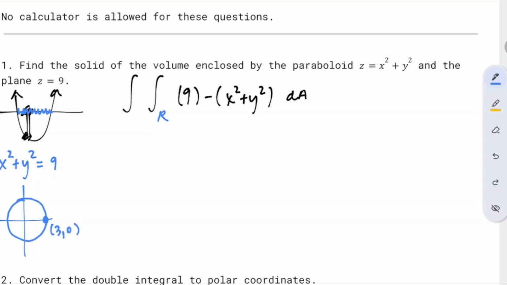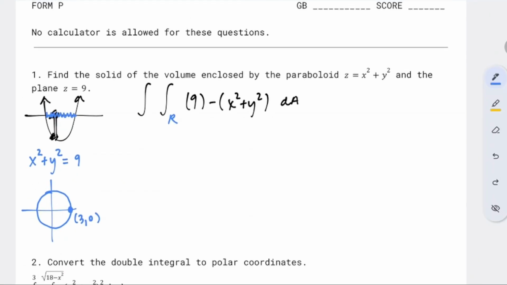Okay. And so in polar coordinates, it's everything inside there, because it's all of those little sticks moving around between the paraboloid and the plane. And so I want that whole region. This is r between 0 and 3, and theta, because it's a whole circle, going from 0 to 2 pi.